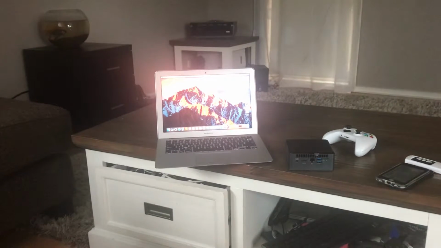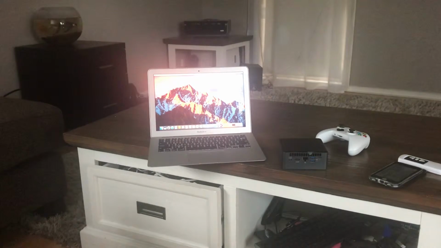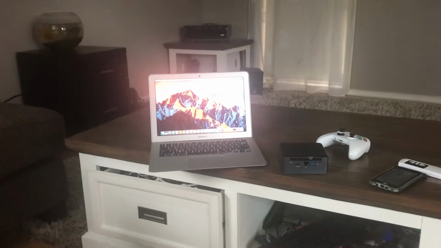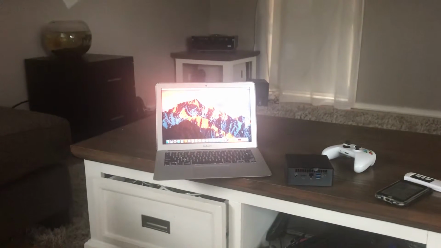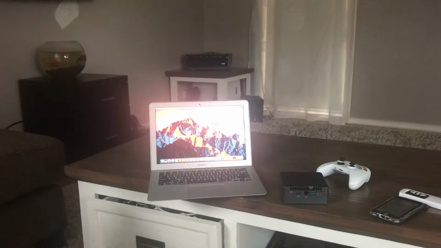And when I saw the difference between 60 and 30 hertz, that's why I thought maybe I need to go back to my Windows.